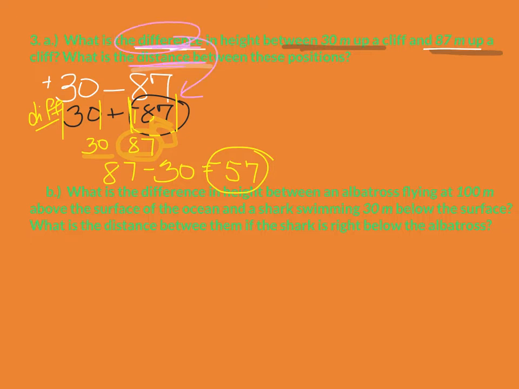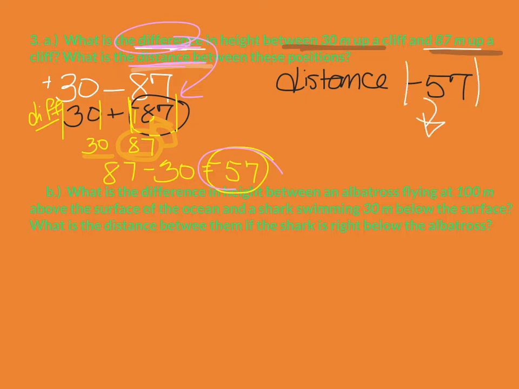And now I'm looking at the distance. Well, we already know how far apart the two of them are because we got that in our negative 57. But to accurately identify the distance, I know is positive. So I'm really just going to take that negative 57 and then find its absolute value. And that's going to give me the distance. How far away is negative 57 from 0?